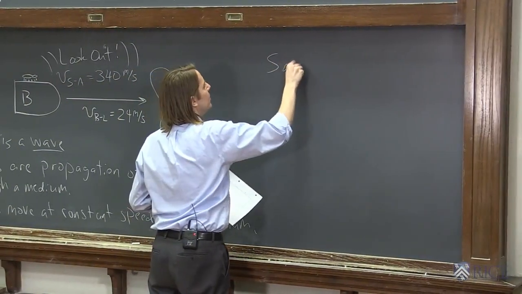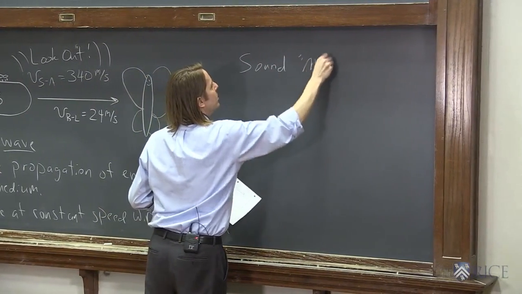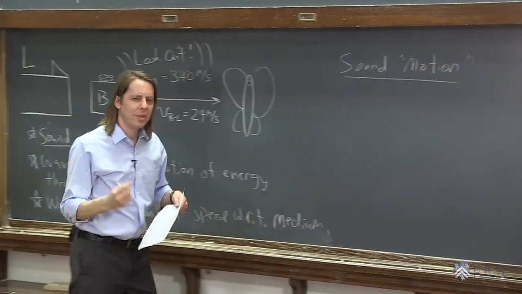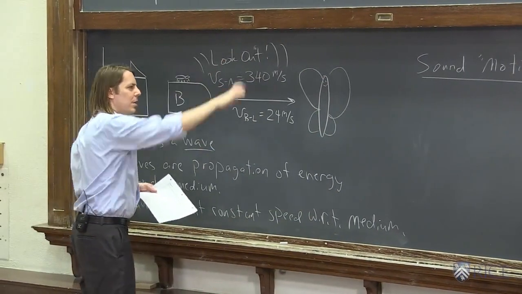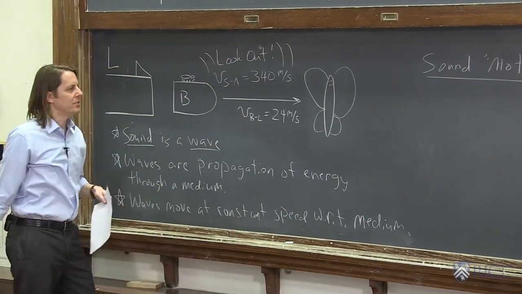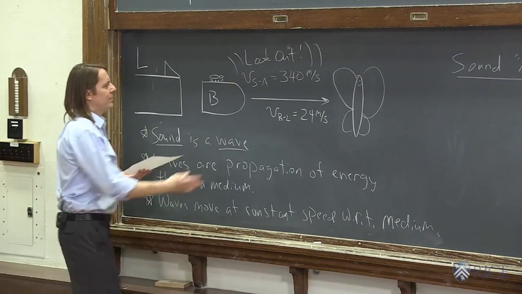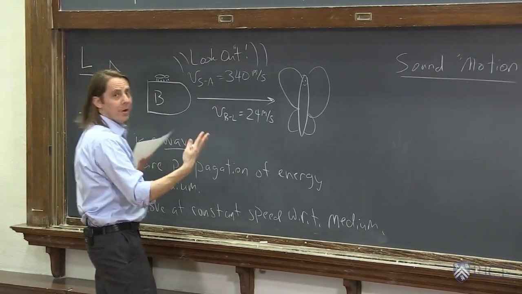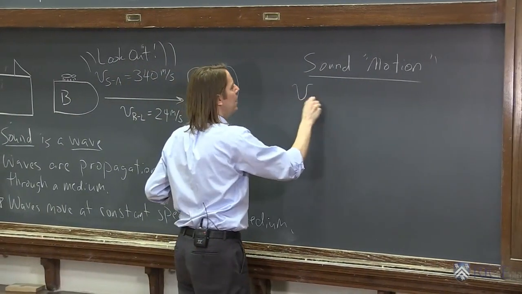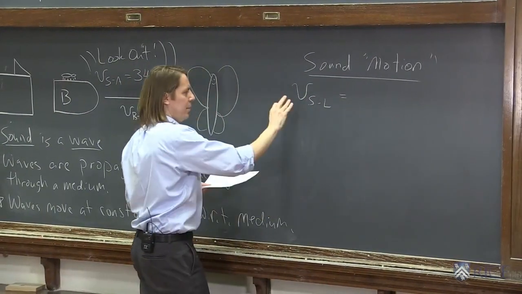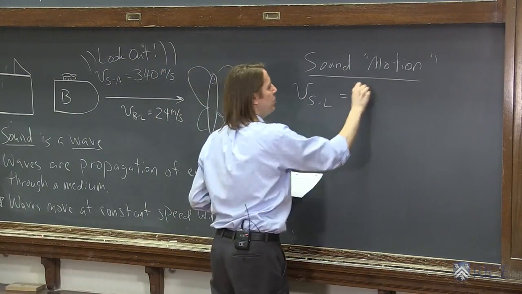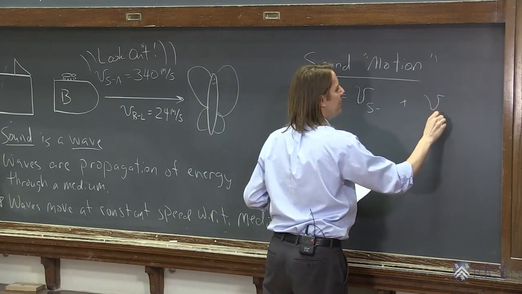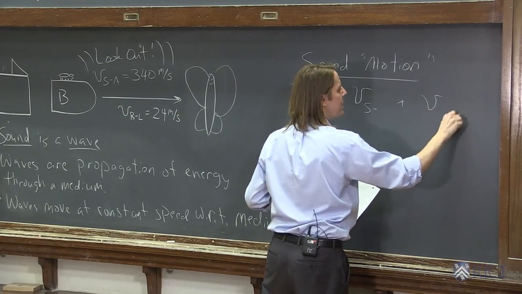All right. So now let's think about the relative scenario. Let's look at the sound motion. And I'm putting motion in quotes because, again, sound isn't a physical object like the rock, but we can still think about how fast it's going to move. So first, let's ask ourselves, if the sound goes at 340, how fast is it really going in the lab frame? So what's the velocity of sound in the lab frame? Well, our rule for the transformations is you just write velocity of sound in something plus the velocity of something in what you want.